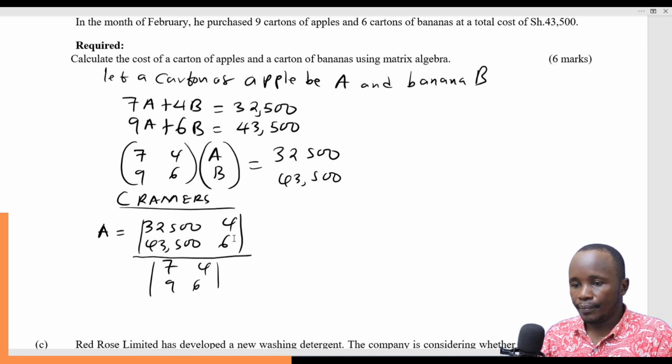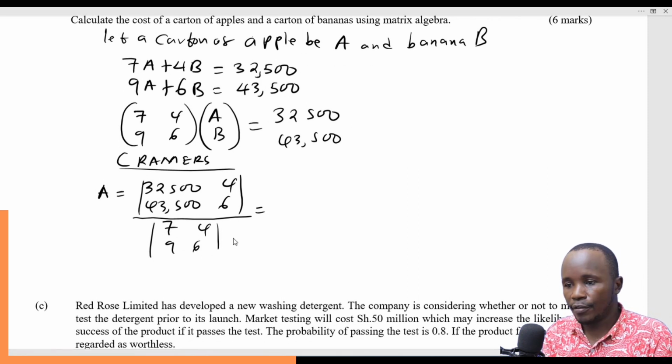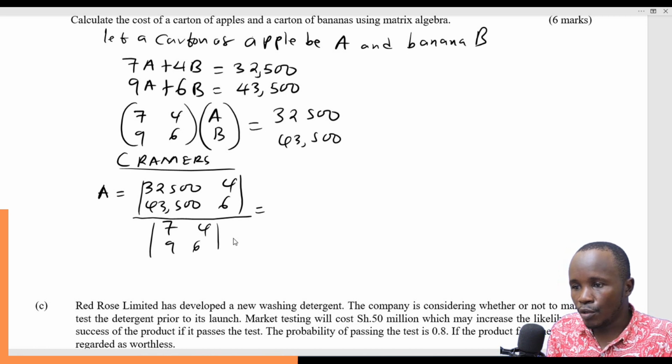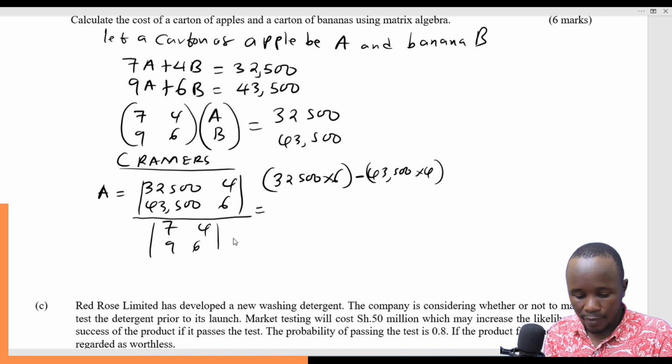What do you get here? We need to get the determinant. So the determinant here means I will have 32,500 times 6 minus 43,500 times 4.